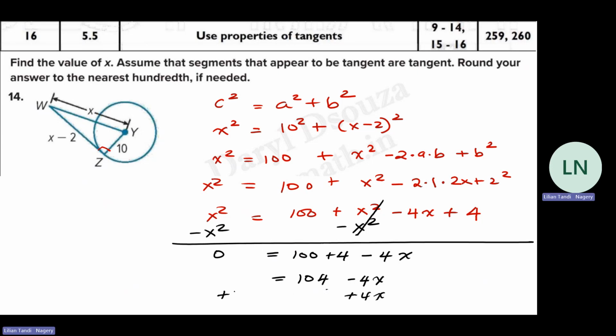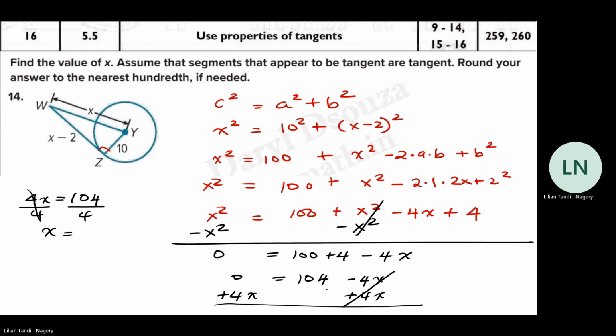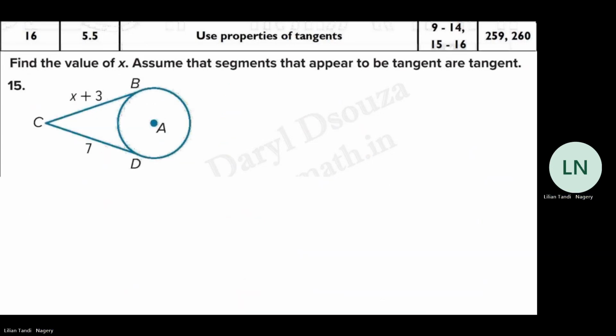Add 4x on both sides. This goes away. So now I have 4x equals 104. Then I divide by 4, x equals 104 divided by 4, giving me 26. And I box my answer. Okay?